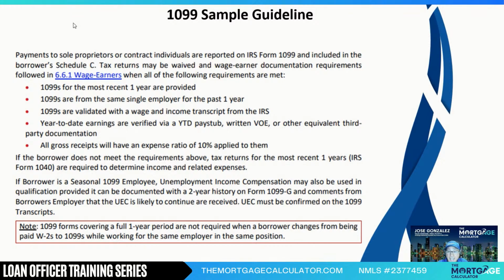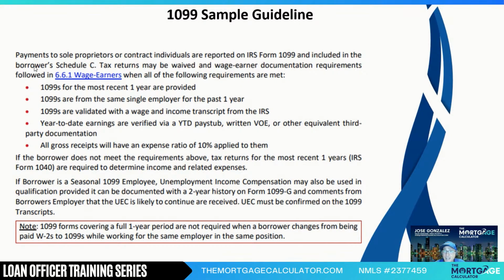Now, most people that 1099 don't have multiple 1099s. They're usually going to be like the realtor or the doctor that's working as a 1099 employee, independent contractor. So you're going to be able to meet the guideline requirement in that case. Now, but again, that is not a requirement that's across the board the same for everyone.